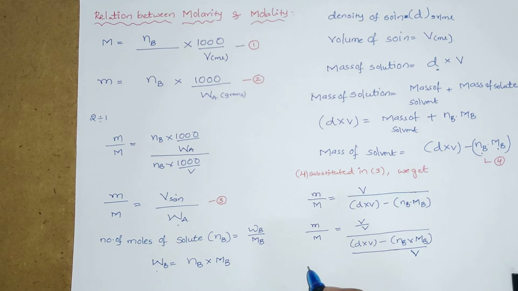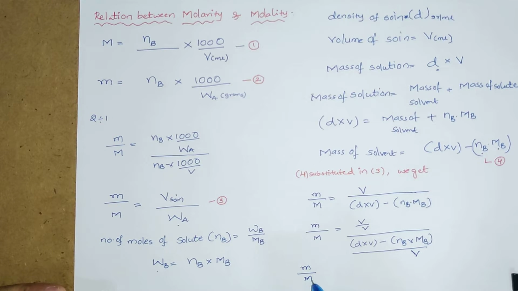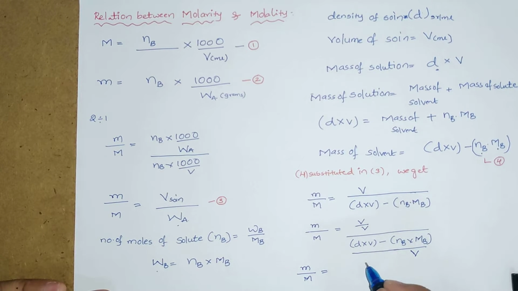Just rearranging this equation, what we get here, M by capital M, is there any cancellation? In the above there is cancellation, that is 1 divided by D into V by V minus NB by V into MB.